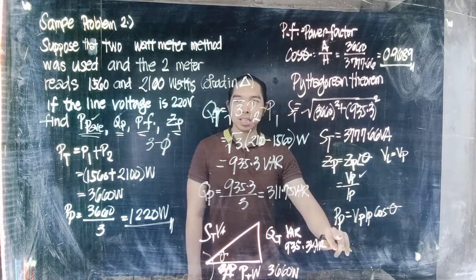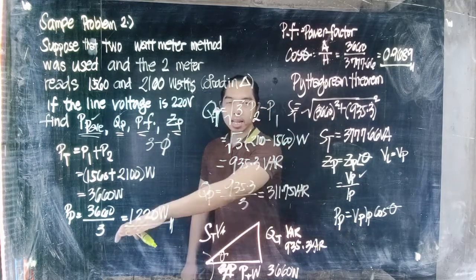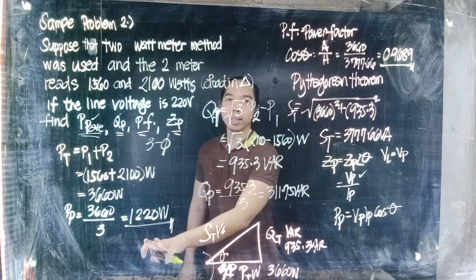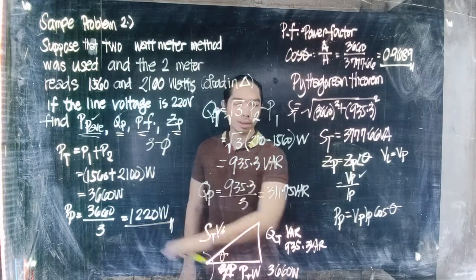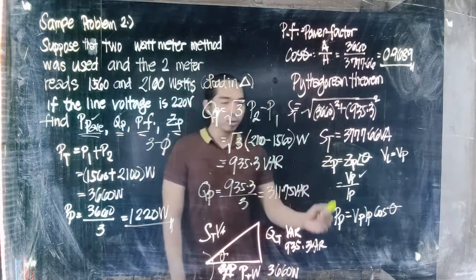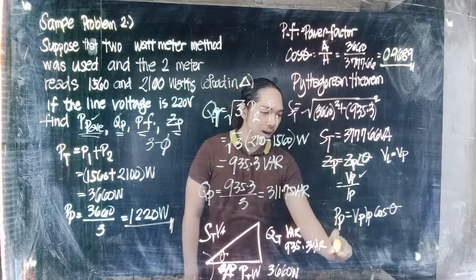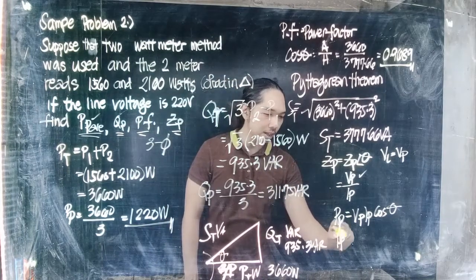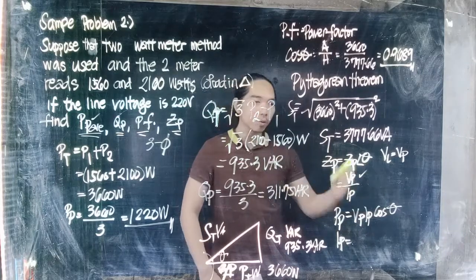Alam natin yung per phase power, yes or no? Yes, alam natin, na 1,220 watts yan. Okay. So we inject all the values such that we can solve for our IP by cross multiplication and transposition to the other side, manipulating this equation.